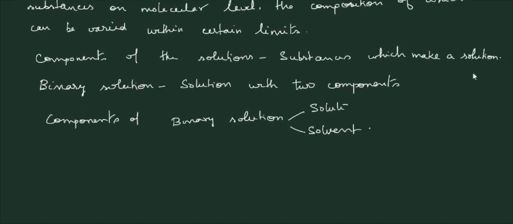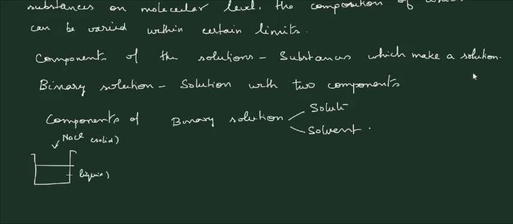So if we have a solution of sodium chloride in water, you take water in a container and to that you add some sodium chloride so that you get a solution. Now sodium chloride is in the solid state and water is in the liquid state.